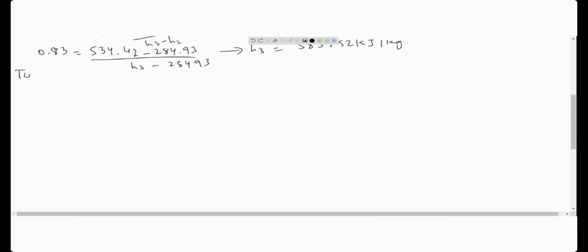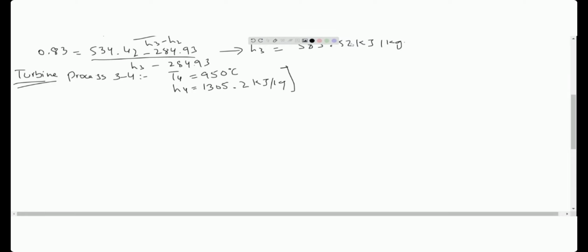Now for the turbine, that is process 3 to 4. Temperature T4 is given, that is 950 degrees centigrade, at which the value of H4 is equal to 1305.2 kilojoule per kg.